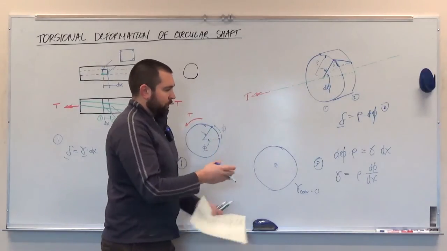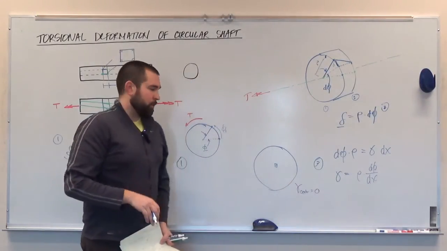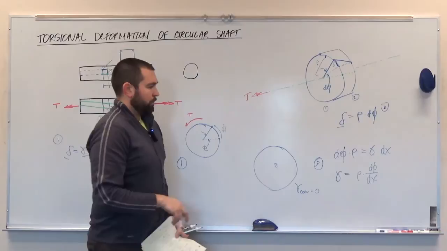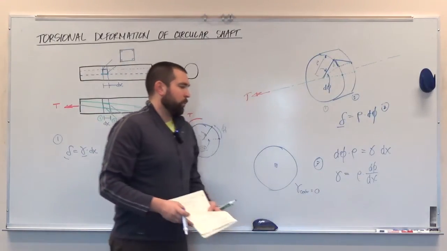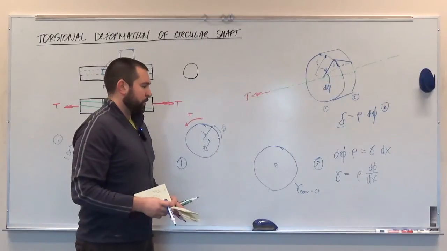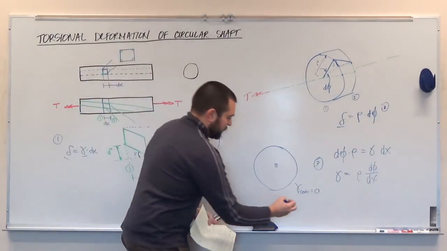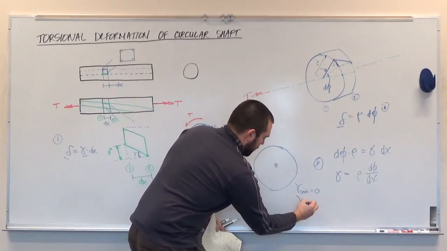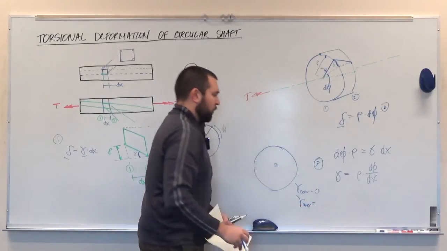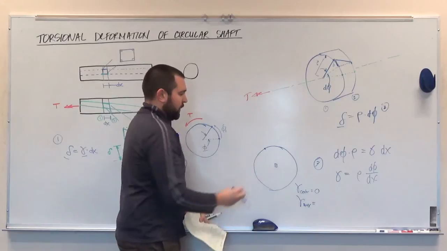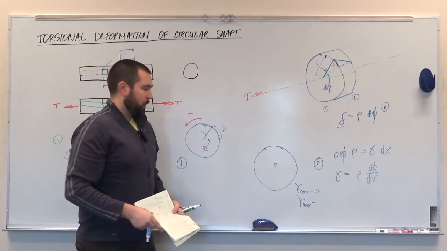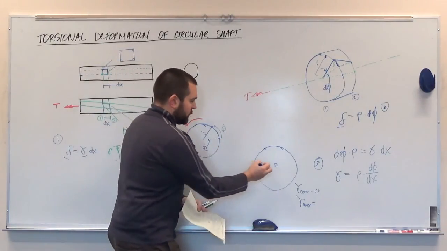We can also tell from this relationship where the maximum shear strain is going to occur. Because gamma is linearly proportional to rho, wherever rho is a maximum is where we're going to get our maximum shear strain. So our maximum shear strain is going to occur when we maximize rho, and the largest distance from the centroid that we can get is on the very far surface.